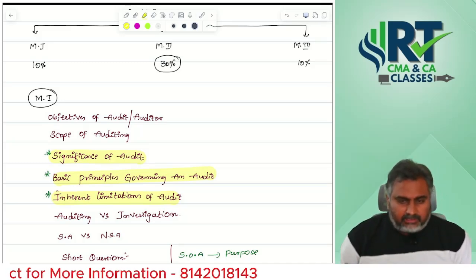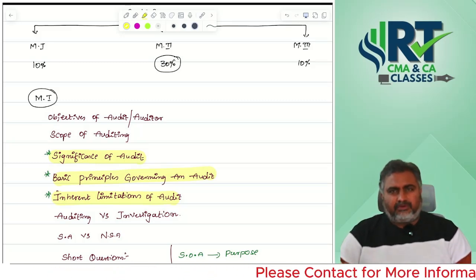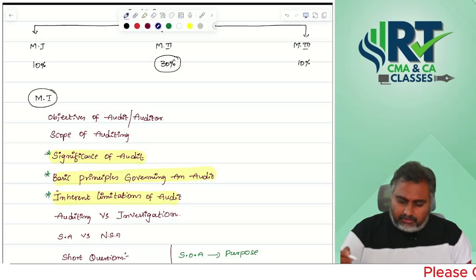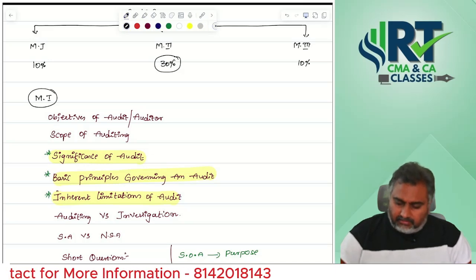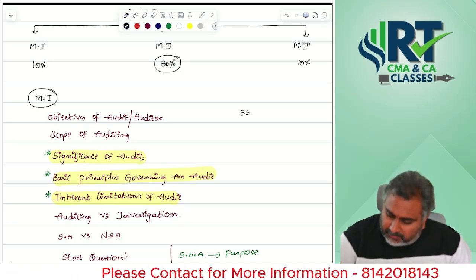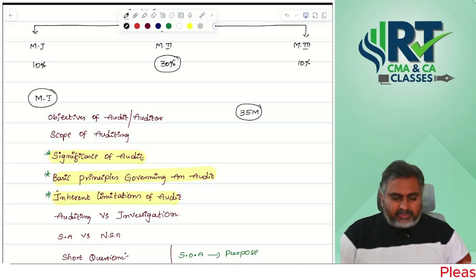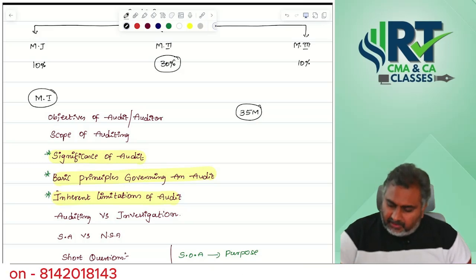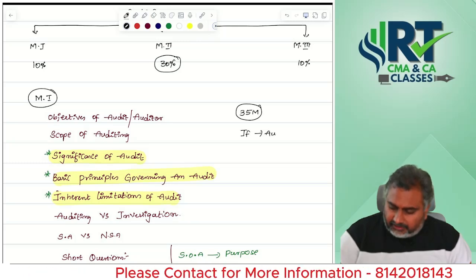Remaining parts also concentrate on. I am not saying to skip the entire part and only focus on this. If you are able to handle this much, I assure you a minimum of 35 marks, and that too if you attended my audit sessions.